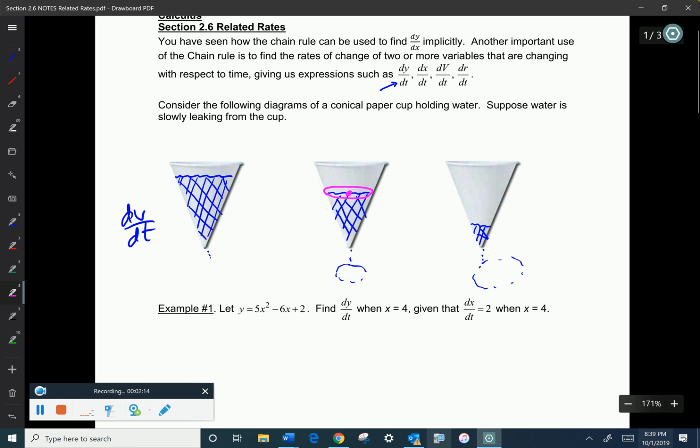As the water level goes down, isn't the radius of that circle getting smaller? So we could say there's a rate of change of the radius with respect to time. Another thing, as the water level goes down, think about the height, or in other words, how high the cone is filled. Won't the height of that water get smaller and smaller as the water leaks out? So that would be the rate of change of the height. So there's a lot of different variables that are changing based on time.